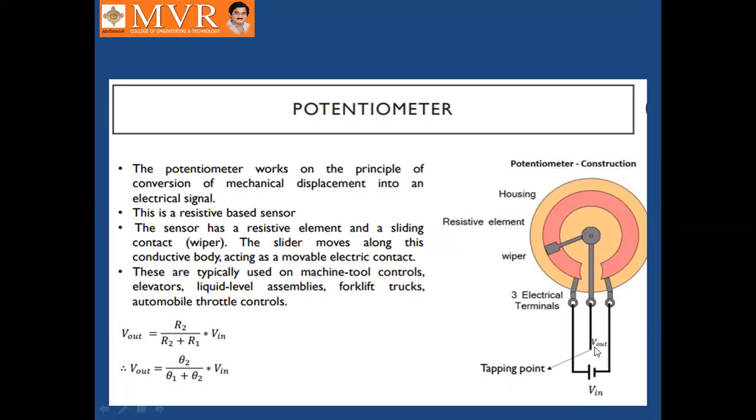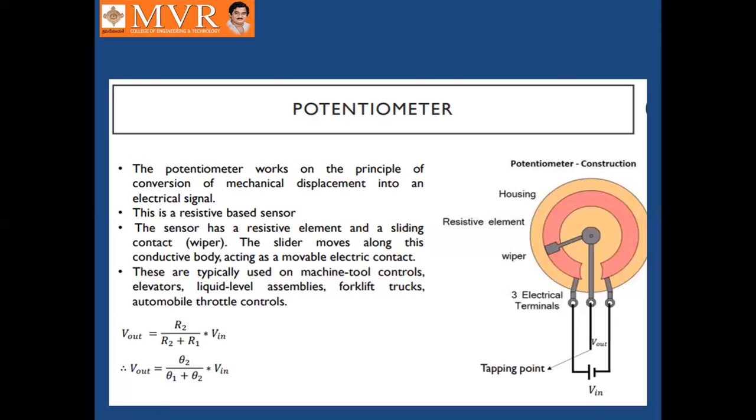The V out, the output voltage, is obtained by this pole, while V in is supplied to the system between these two poles. So here V out equals R2 by R2 plus R1. R2 is the wiper resistance, and R1 is the resistive element.